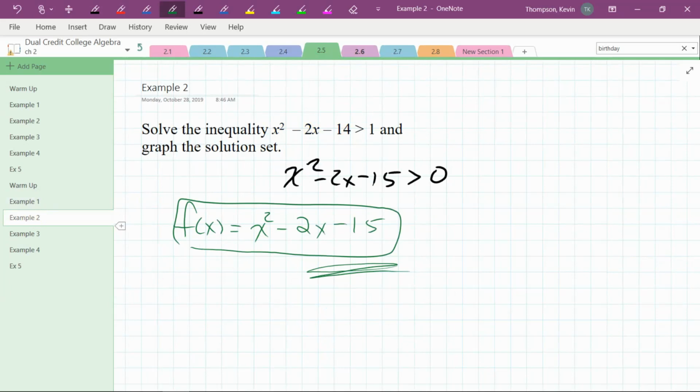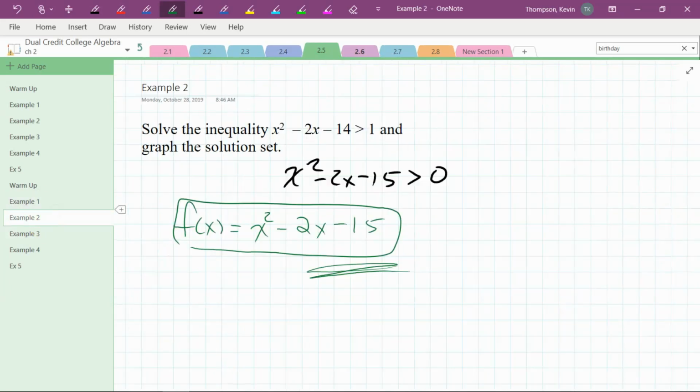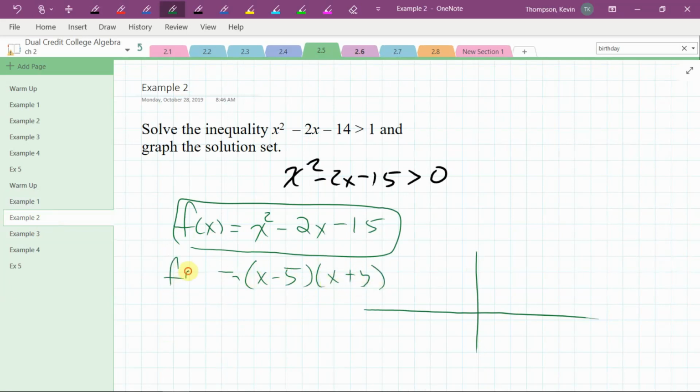So the inequality is different, but now the solutions to this and where the vertices are won't be. So effectively, we still have this same parabola. This is going to factor into x minus 5 and x plus 3. And so we have the same parabola here. We have a vertex at opposite b over 2a, minus 2 over 2 times 1. It's minus 1. So we have the axis of symmetry here. We have an x-intercept over here at 5, 0.